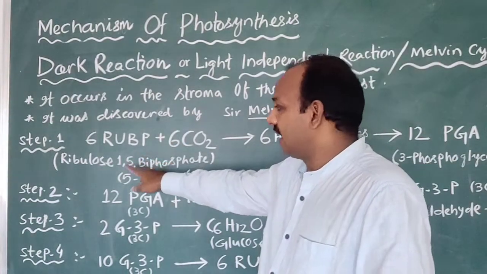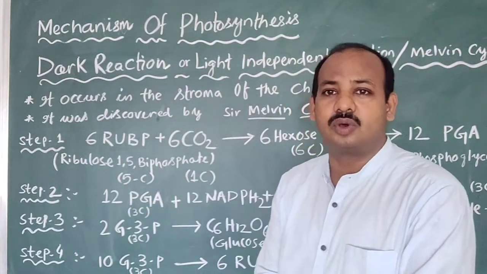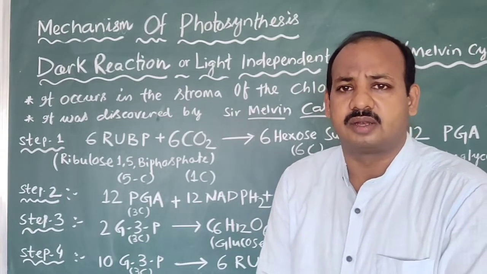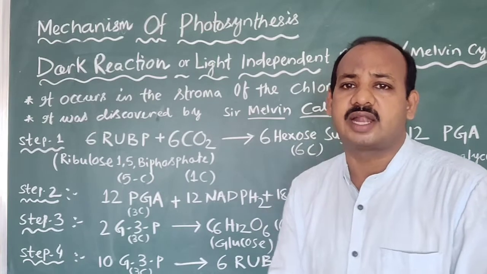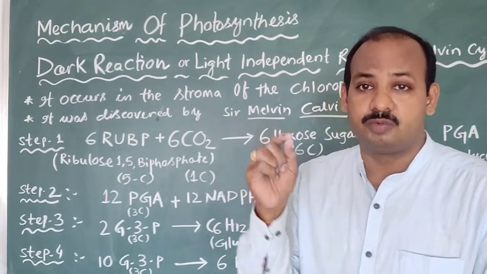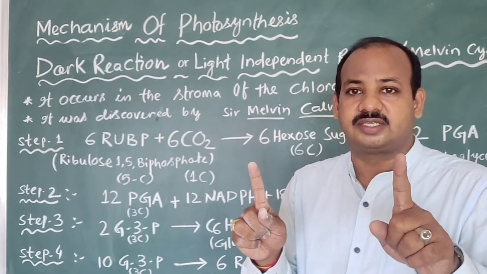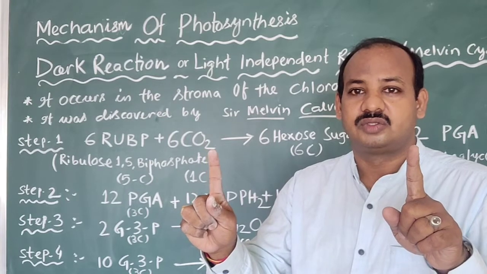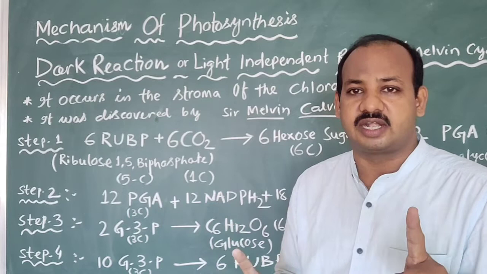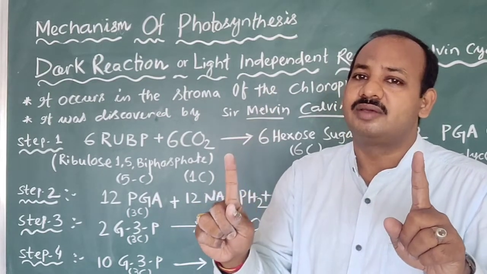RUBP. That means ribulose 1,5-diphosphate. Bi or di both mean 2. Two phosphate molecules are attached to the ribulose. Always the phosphate molecules will be attached to the terminal ends, first and last. Because it is a 5 carbon compound, in the first carbon atom 1 phosphate will be attached, and in the last carbon, that is the 5th carbon, there will be a phosphate molecule.